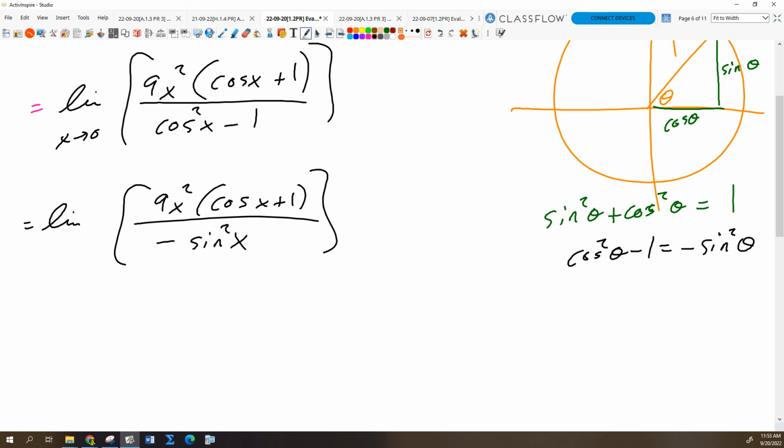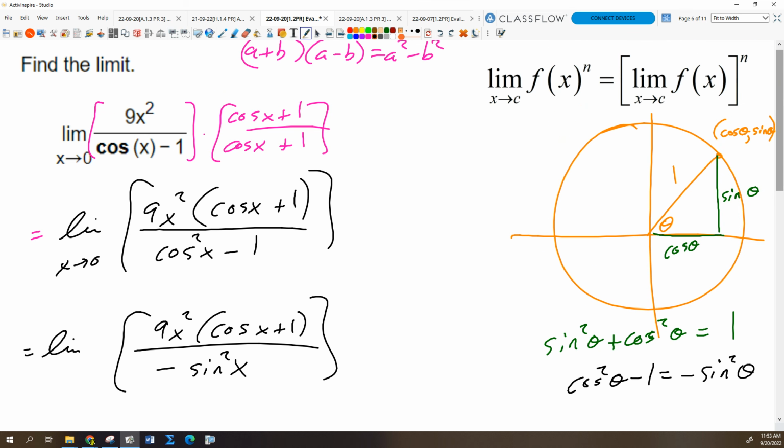Good. Okay, now we can begin to slice and dice this thing a little bit. Let's see if we can break this apart in a way where we could remove the indeterminacy that we never even checked. But if I try it, it's 0 over 0, isn't it? Okay, so what can I do?